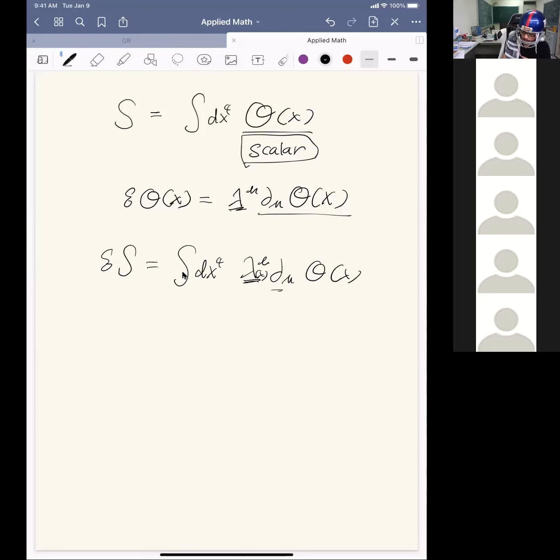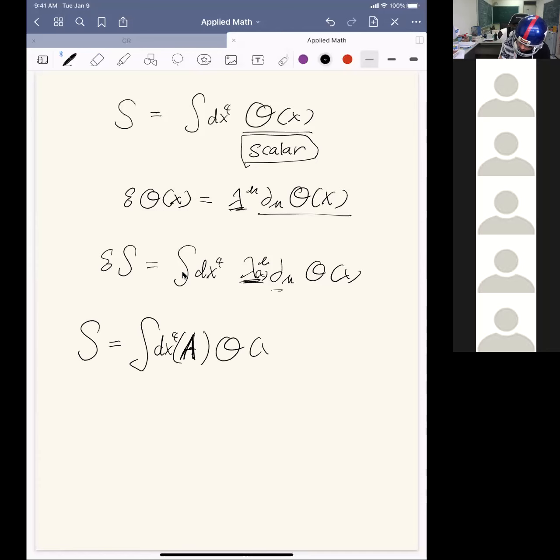This variation is not gauge invariant because there's still this term here. So in order to write down a gauge invariant action, what you want to do is say, hey, can I write something like this? Let's say you dream that you can have a wish, you can have something here.